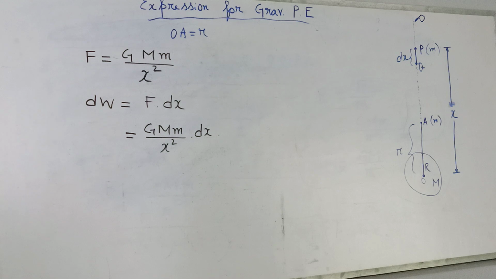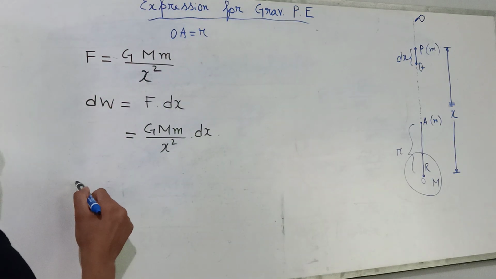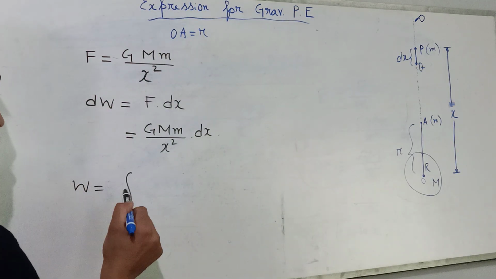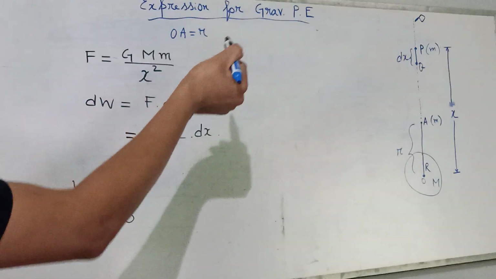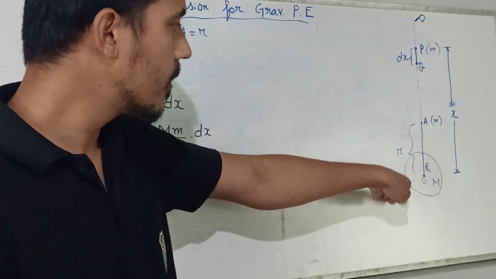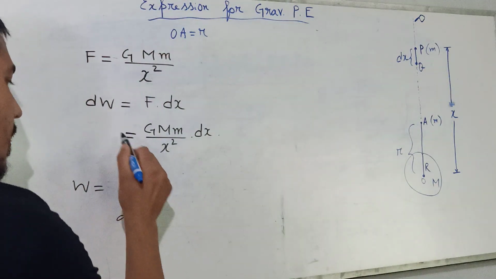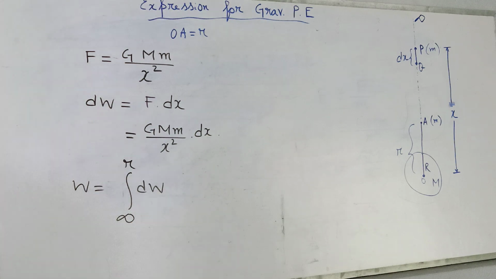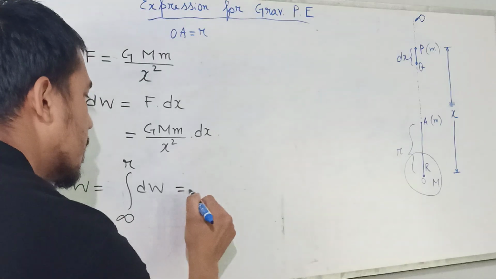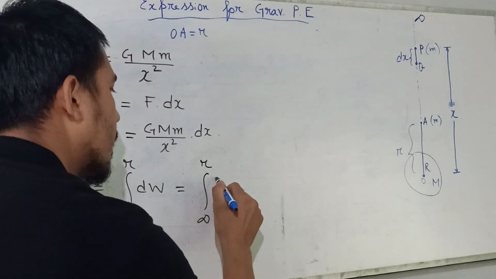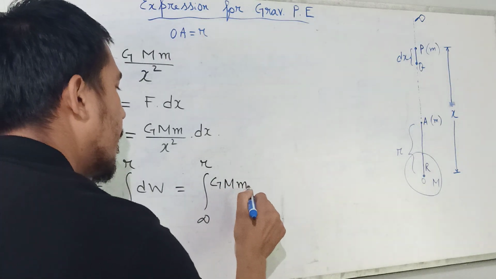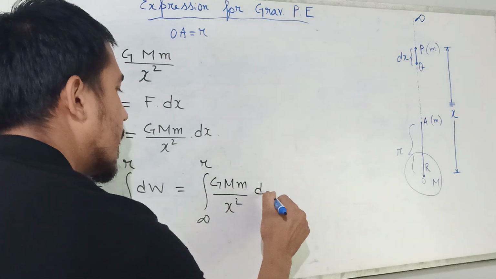Therefore, the total work done in bringing the body from infinity to point A will be given by W equals the integral of dw from infinity to r, which is equal to the integral of G M m by x squared dx.